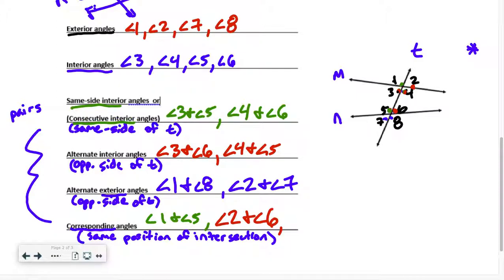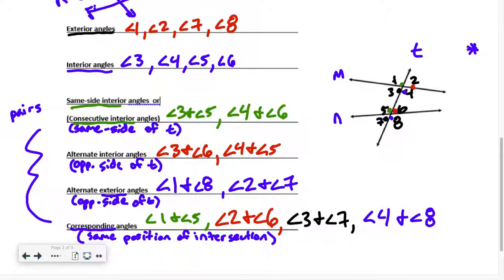Angle 3, the bottom left angle of M and T, corresponds to the bottom left angle 7 of N and T. So angle 3 and angle 7 are a corresponding pair. And my last corresponding pair, the bottom right there, angle 4, corresponds to the bottom right of the other intersection, angle 8. Angle 4 and angle 8 are corresponding angles.